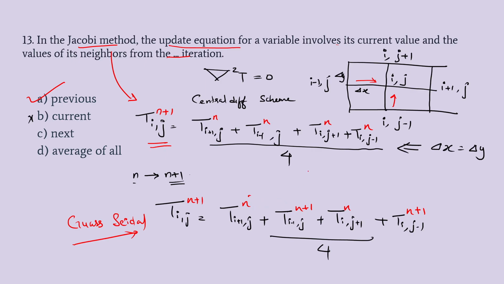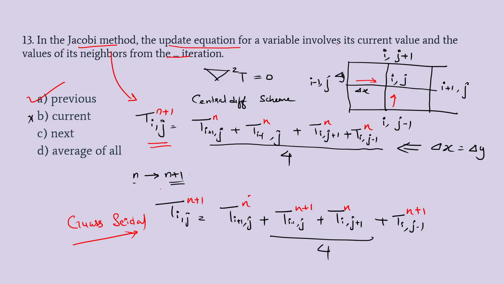To be exact, for conceptual clarity, we can say we are using the last updated values, because T i minus 1 comma j and T i comma j minus 1 have been updated lastly, while for T i plus 1 comma j and T i comma j plus 1, the last update only exists in the previous step.